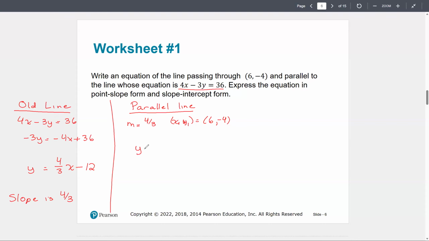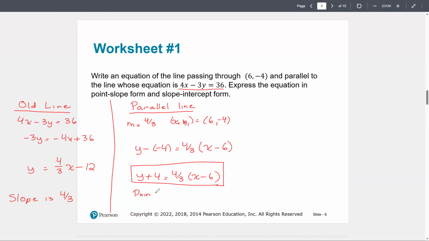So just take y minus y1, so y minus -4 equals m, 4/3, times x minus x1, and x1 is going to be 6. So y plus 4 equals 4/3 times x minus 6. And there is point slope form.